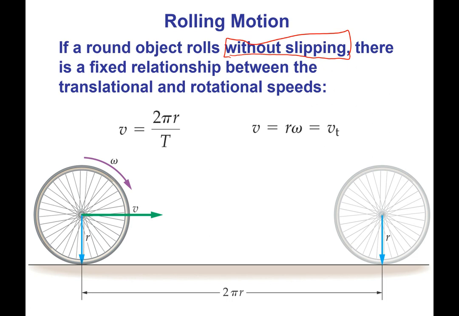So your velocity: you would have your circumference, so that equals your circumference over the period, how long it takes to do one circumference.